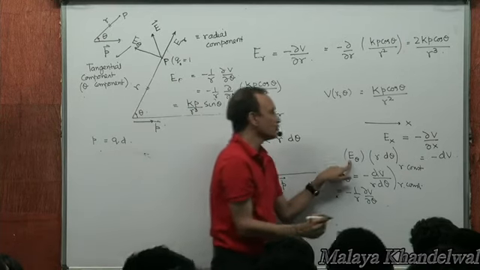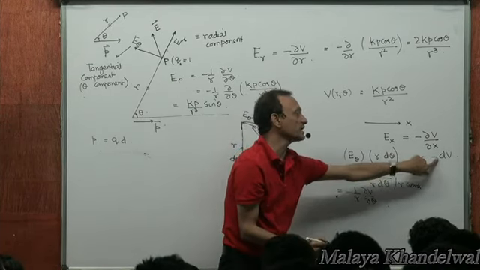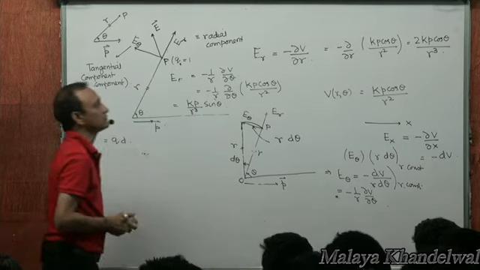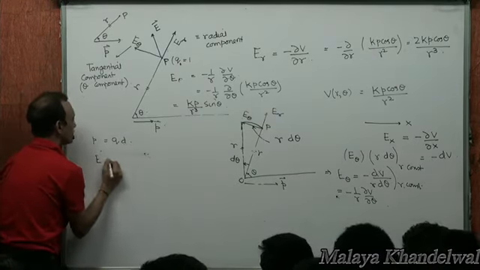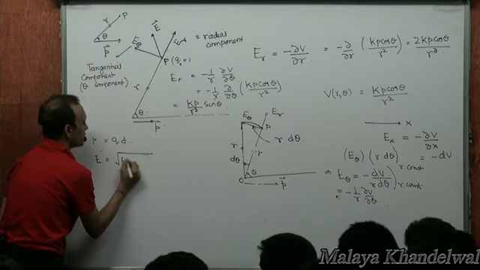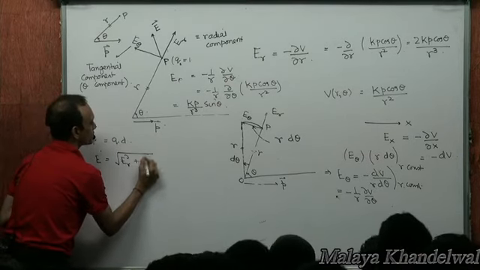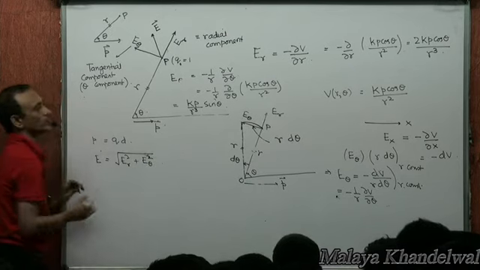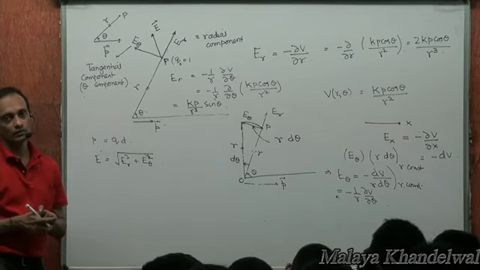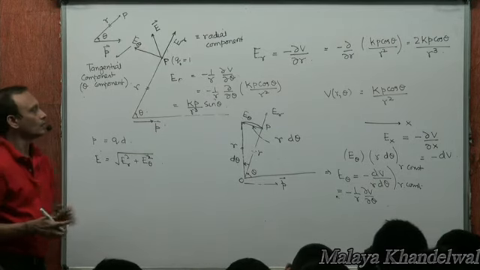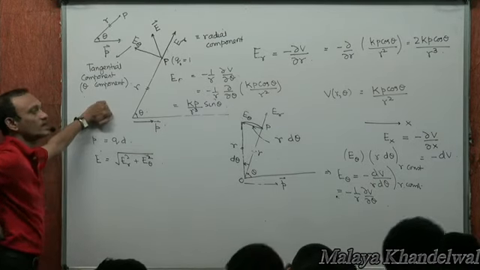Work done would be E theta into r d theta, that is negative of the change in potential. The net electric field obviously would be root E r squared plus E theta squared. Yes or no?